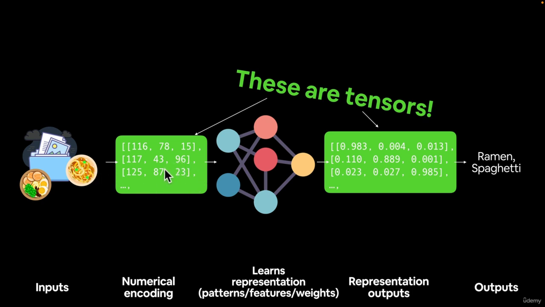The principle still stands that you encode your data in some form of numerical representation, which is a tensor, pass that tensor, or lots of tensors, to a neural network. The neural network performs mathematical operations on those tensors, outputs a tensor, we convert that tensor into something that we can understand as humans.